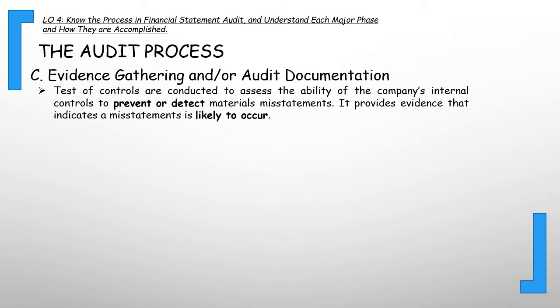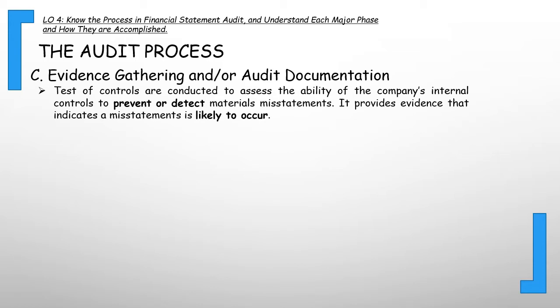So, bali yung test of controls, the auditors are observing, validating yung normal. Example is segregation of duties, di ba? Yung custody should be separated from the authorization, recording, and execution. So, dapat magkahiwa-hiwalay yung duties na yan, di ba? So, yun yung example ng test of controls.